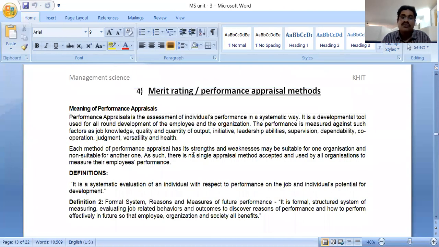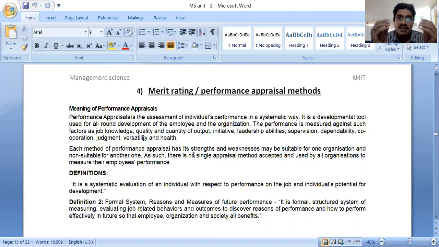So look here. Performance appraisal means checking the performance of the employees by the immediate hierarchy or immediate supervisor. That is called performance appraisal. We check the employees' performance.